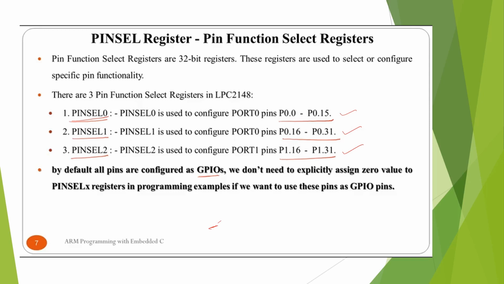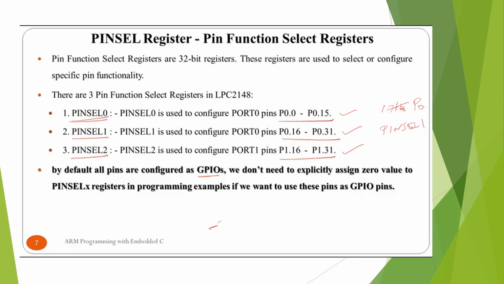Suppose in my program I want to use the 17th pin of port 0, then I have to choose register pin select 1. If I want to use the 4th pin of port 0, then I have to select pin select 0.